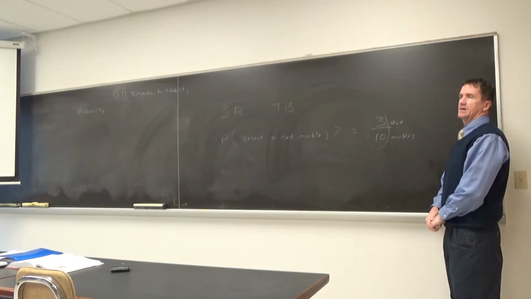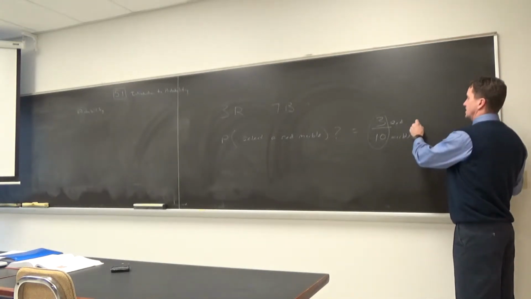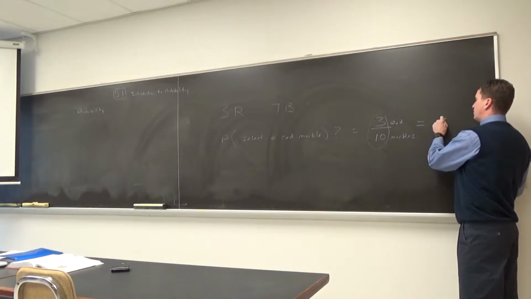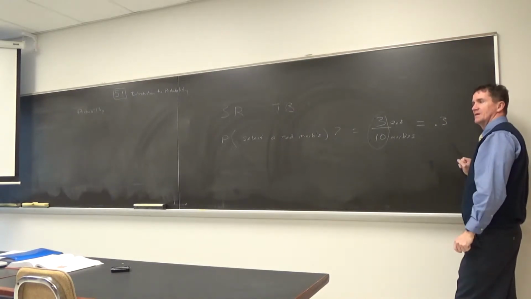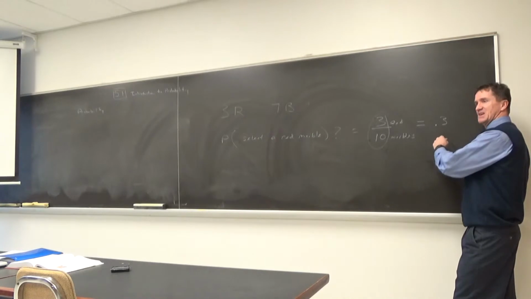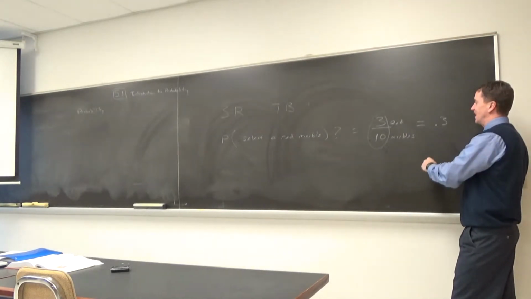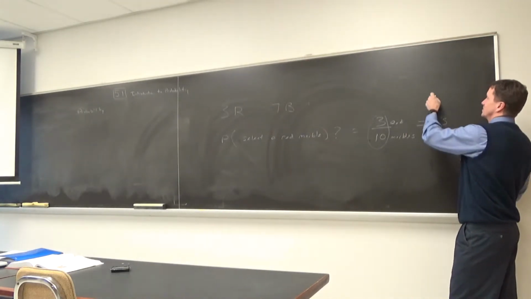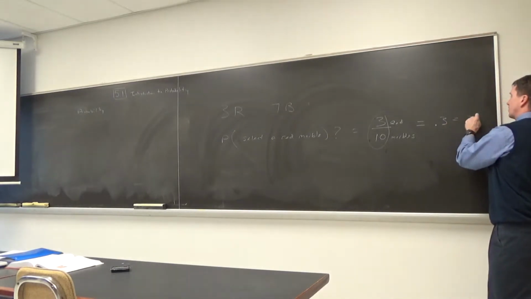But some of you like to write it as a decimal. 3/10 is 0.3. Now, if you write that in terms of percentage, is it 3% or 30%? That'd be 30%, right? So 3 out of 10, 0.3, is also 30%.